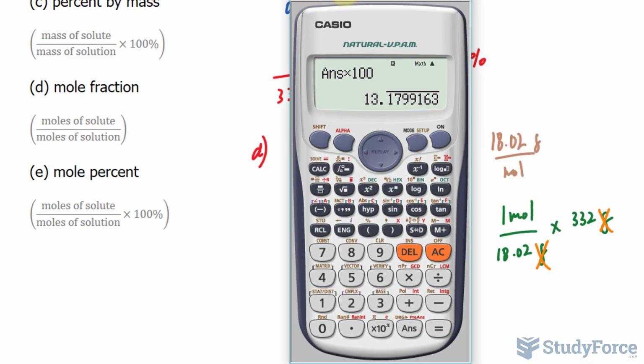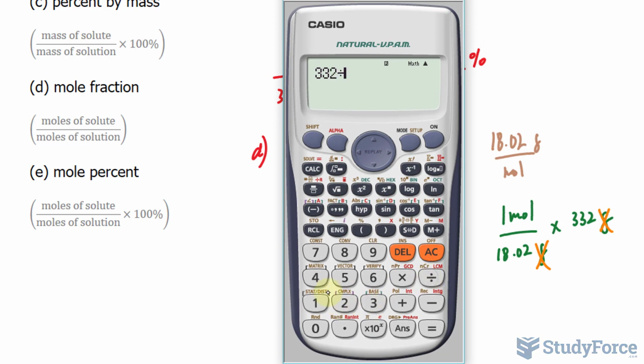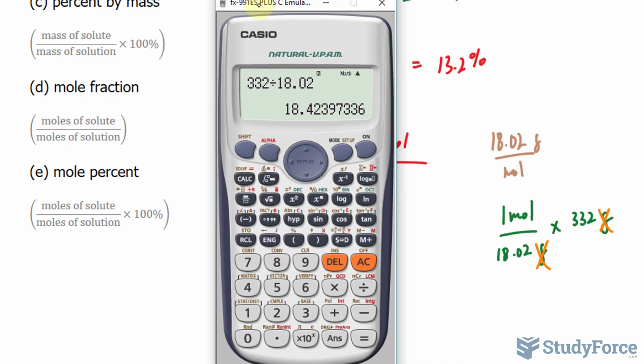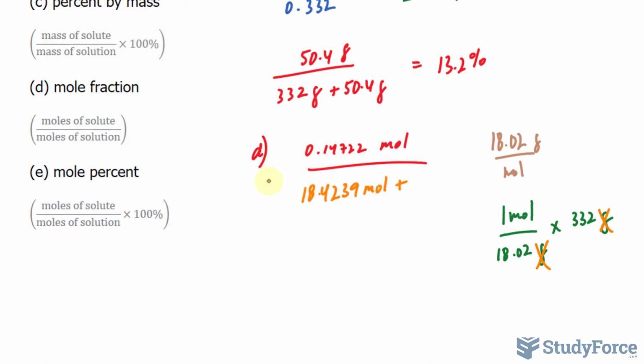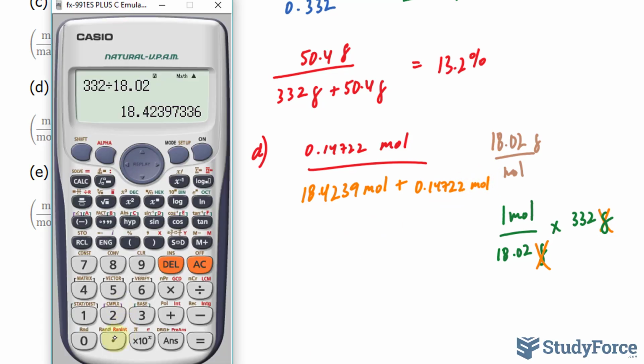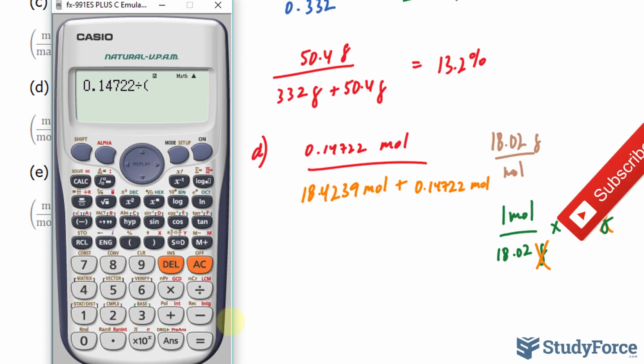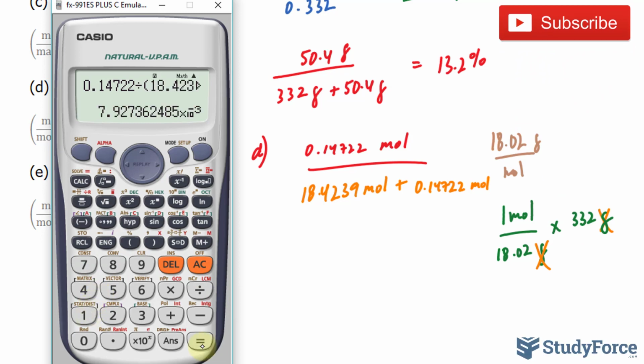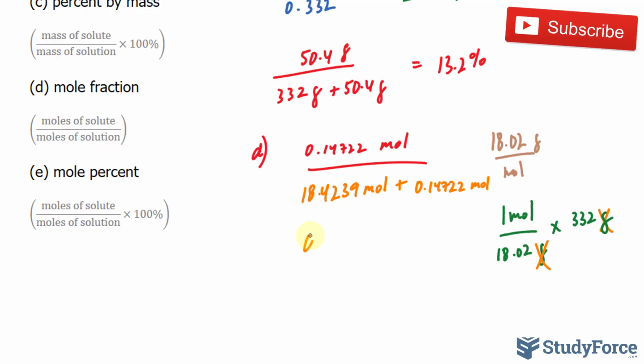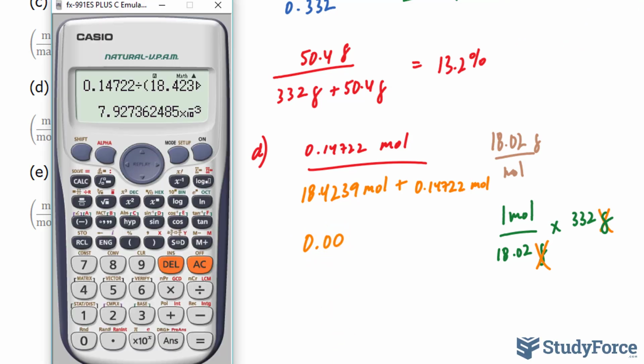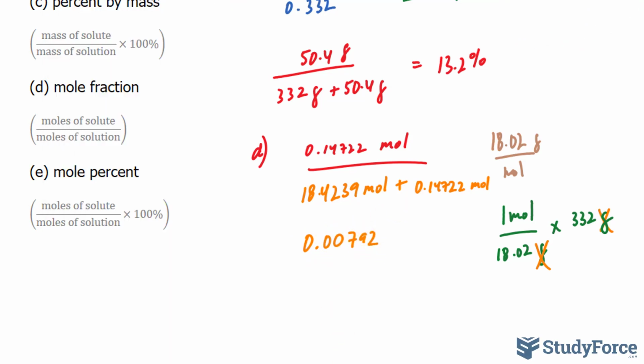Using our calculator, 332 divided by 18.02, that is equal to 18.4239, plus the moles of the solute, which is right there, 0.14722 moles, and this will give us a fraction, 0.14722 divided by the sum of the denominators. And that's the number we get, which is equivalent to 0.00792. That's the answer for D.